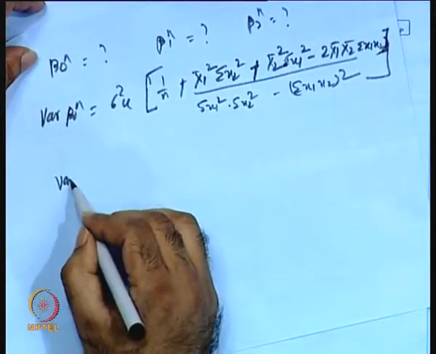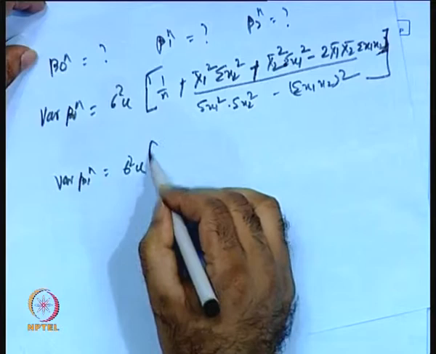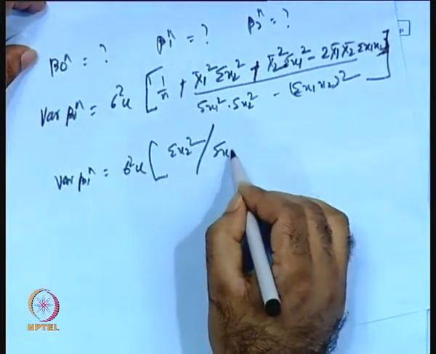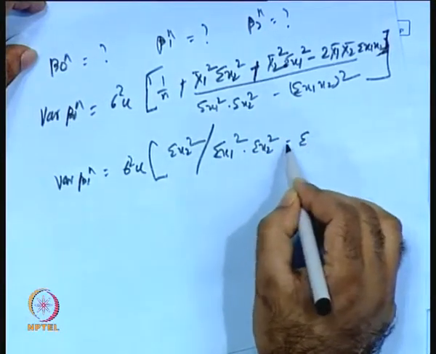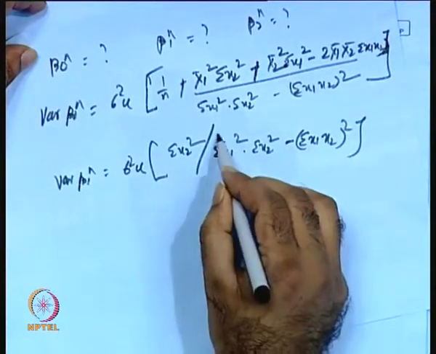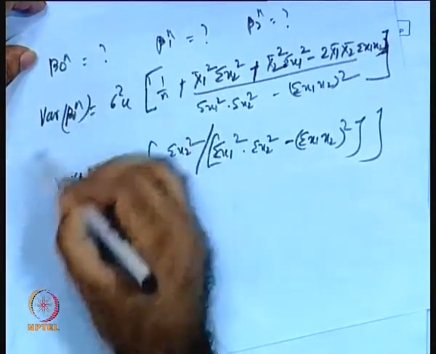Similarly, variance of beta 1 hat is equal to sigma square u times summation x2 squares divided by [summation x1 squares into summation x2 squares minus (summation x1 x2) whole squared]. So, this is the variance of beta 1 hat.